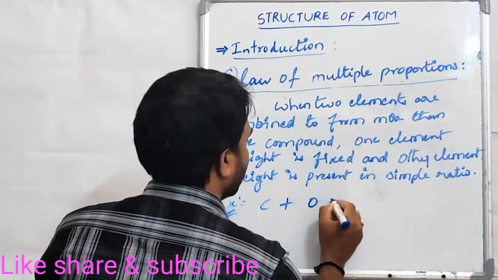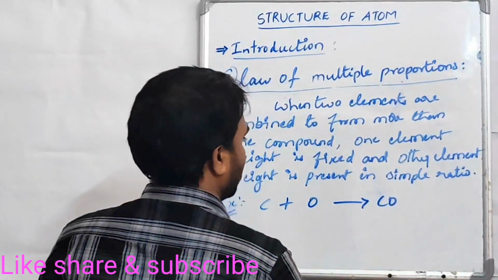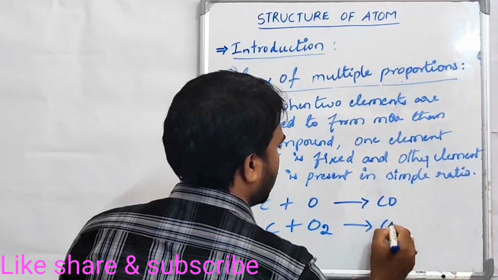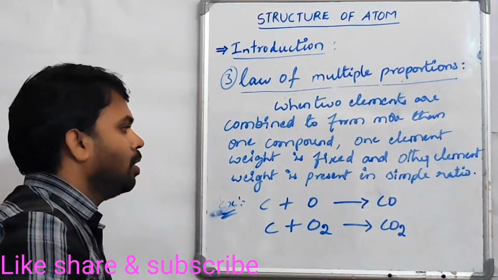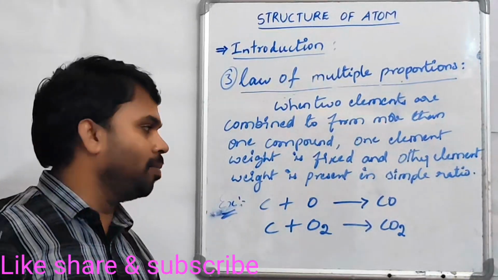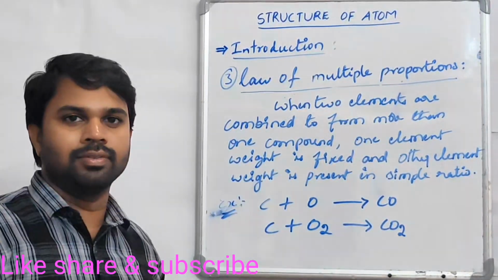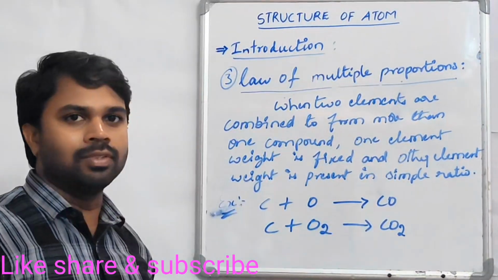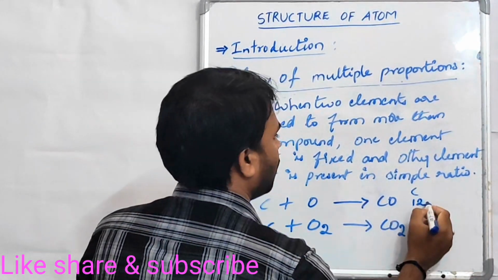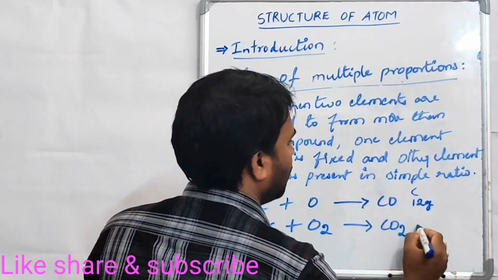Carbon reacts with oxygen to form carbon monoxide and carbon reacts with oxygen to form carbon dioxide. When the same two elements combine to form more than one compound, in these two compounds, carbon weight is 12 grams in the first compound and 12 grams in the second compound.